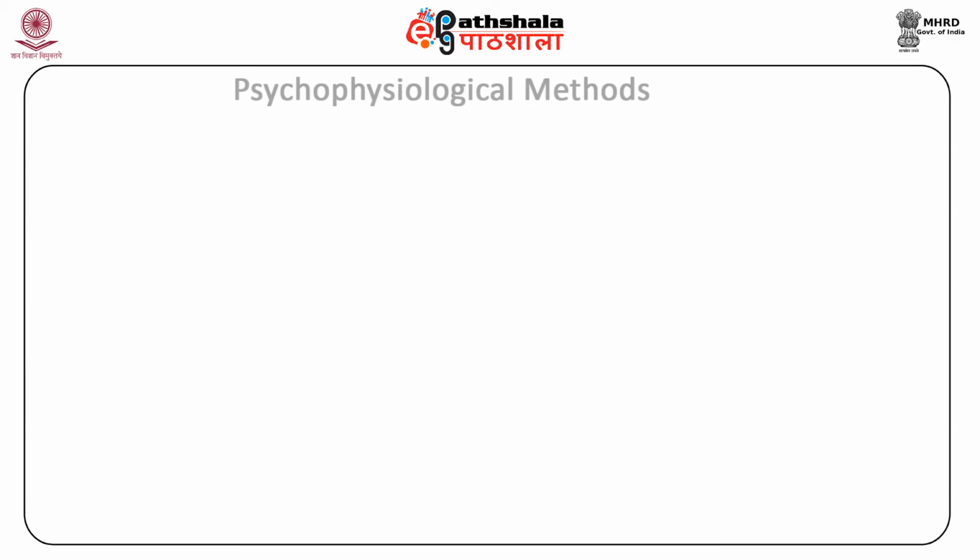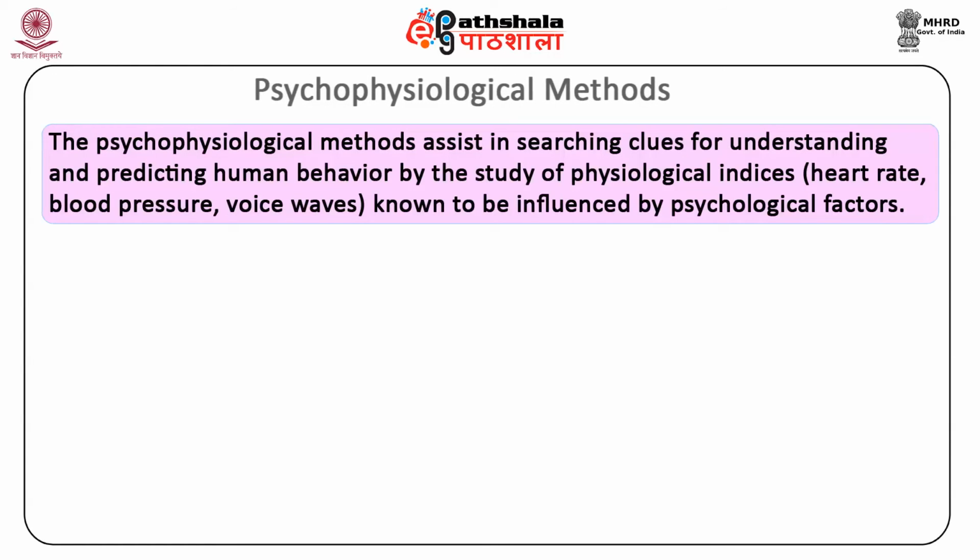Psychophysiological methods. The psychophysiological methods assist in searching for clues for understanding and predicting human behavior by the study of physiological indices like heart rate, blood pressure, and voice waves, known to be influenced by psychological factors.